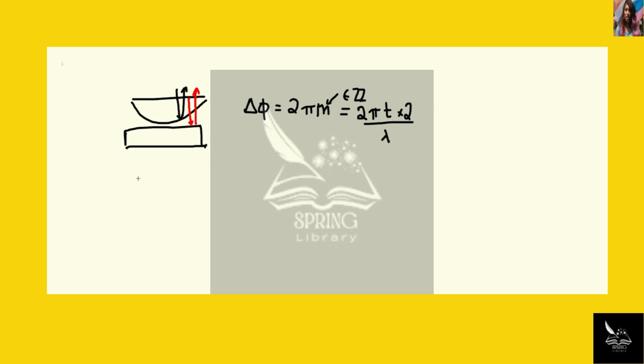This comes from the fact that for sine waves, the spatial phase is 2 pi over lambda times x, so it's some old trig. We don't have to modify this lambda because it's traveling through air. So we can say lambda is equal to 560 nanometers.